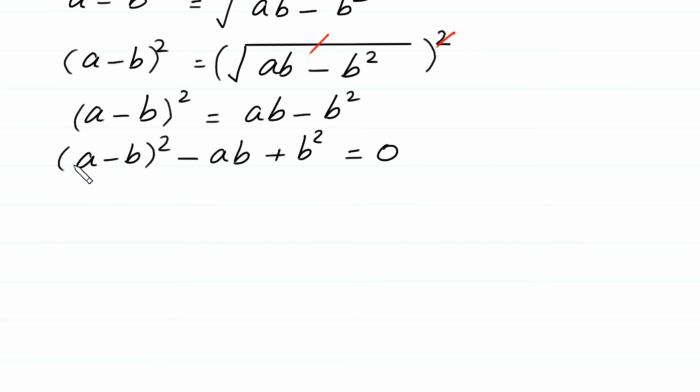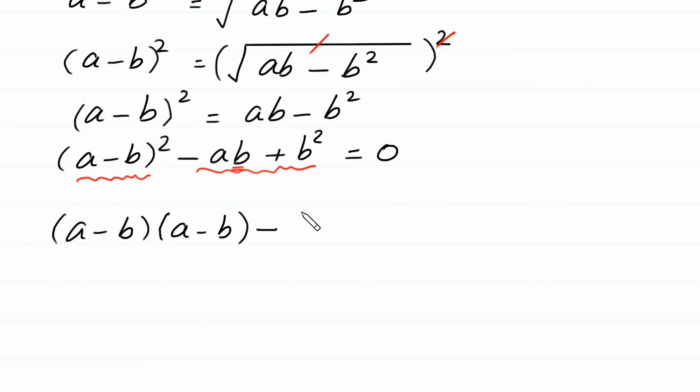Next, we can write this a minus b whole squared as a minus b times a minus b, and from these two terms, negative ab plus b squared, we can factor out negative b, minus b times, in bracket left, a minus b is equal to 0.